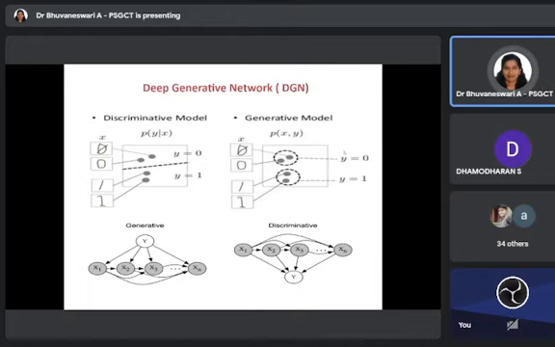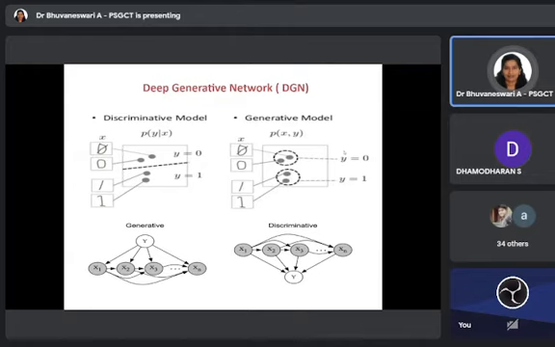So these deep generative models are applied for different embedding processes, text embedding and embedding applications. Next comes the deep belief network and the deep Boltzmann machine network. Again, these models are mainly used for text classification and processing, right?